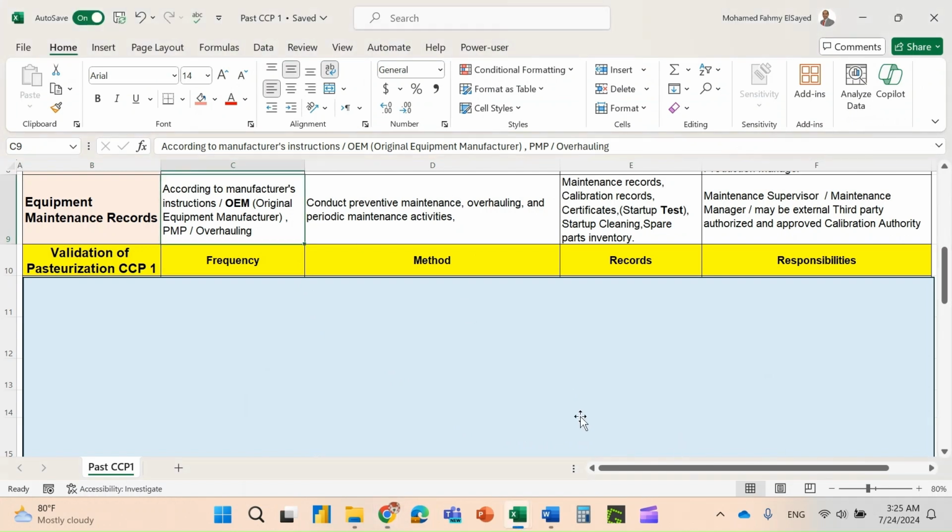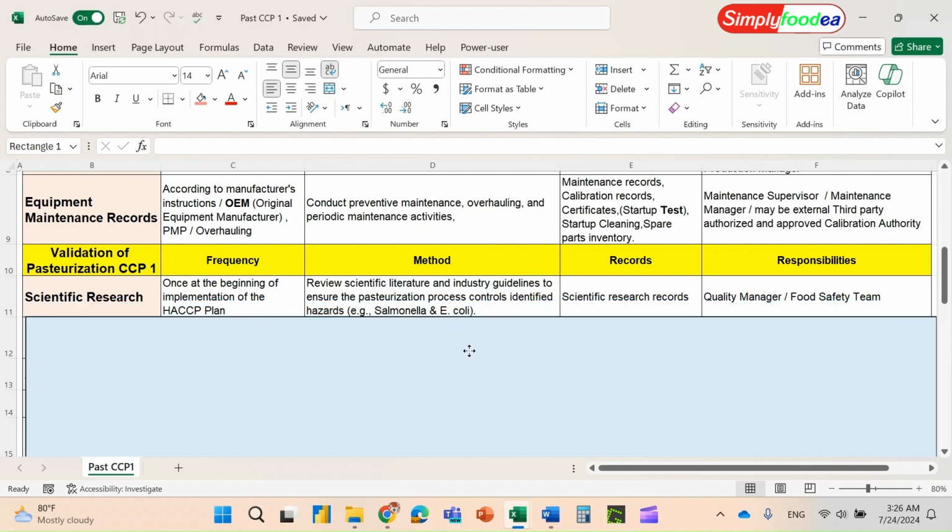Let's continue the very important part about the validation of the pasteurization process, our CCP number one. The validation is very important, also the verification. Scientific research. Why am I using scientific research?